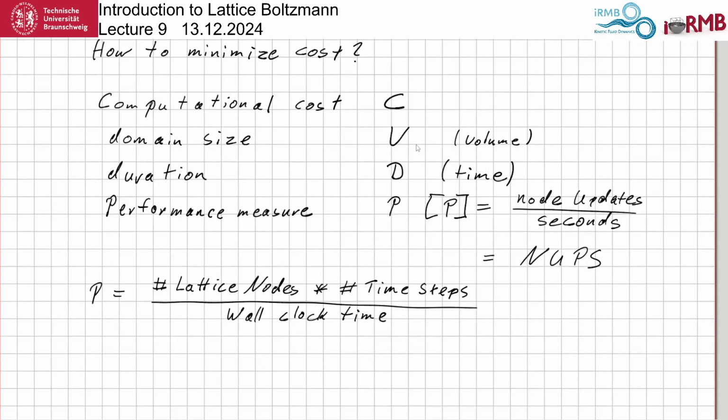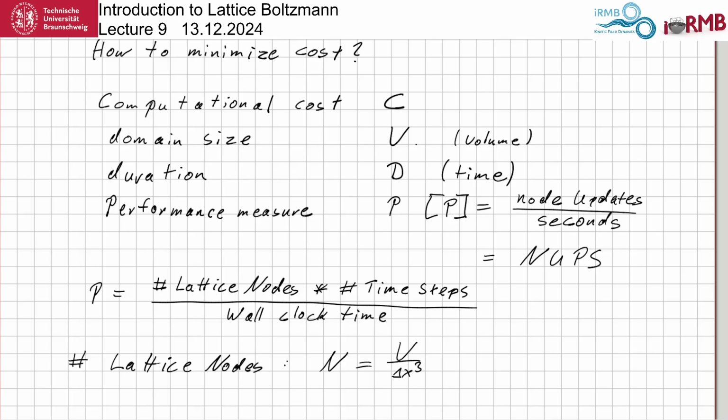So, what is the number of lattice nodes? We live in a three-dimensional world. This means the number of lattice nodes, we call it n, is equal to the volume divided by delta x to the cube, obviously, right?